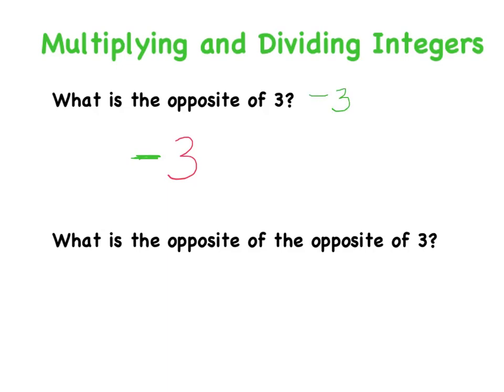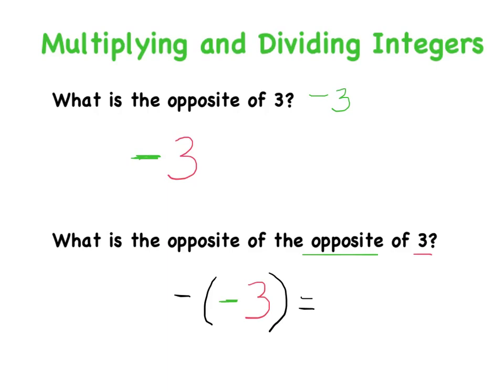So then one of your homework problems later on went to go ask, what is the opposite of the opposite of 3? If I were to take a look at that, I could say that beginning with a 3, once again, the opposite of 3 would be a negative 3. But then if I take the opposite of that, I would add another negative sign.